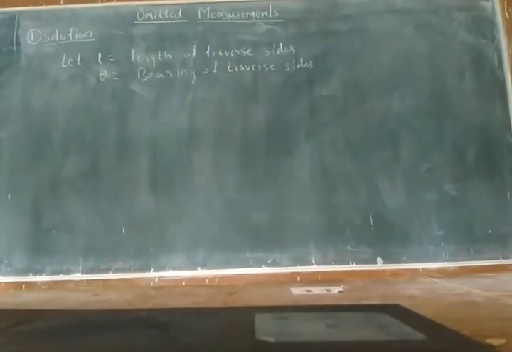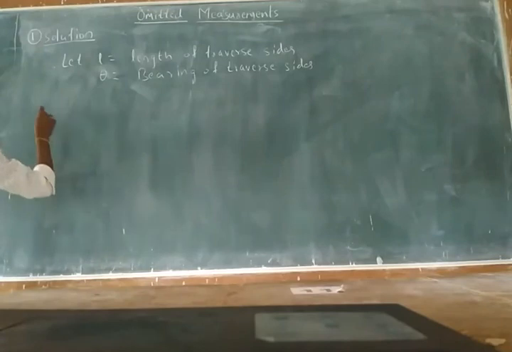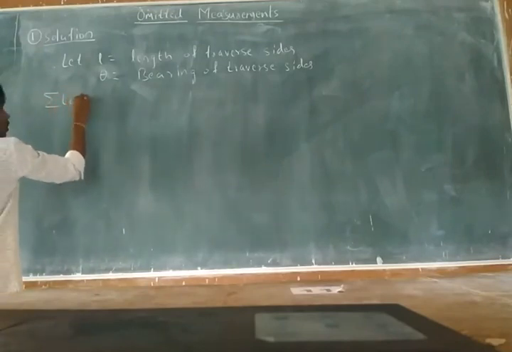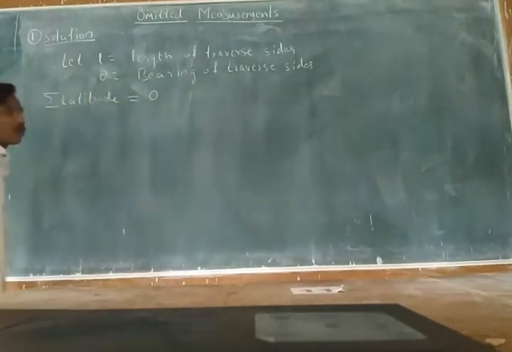So L is length of traverse sides and theta is bearing of traverse sides. Let's apply the principle of closed traverse. So the principle of closed traverse says summation of latitude must be equal to 0.